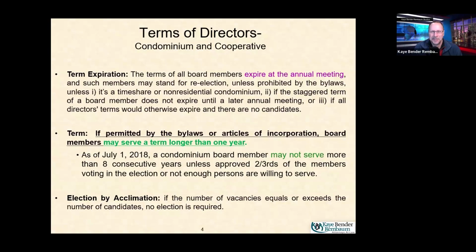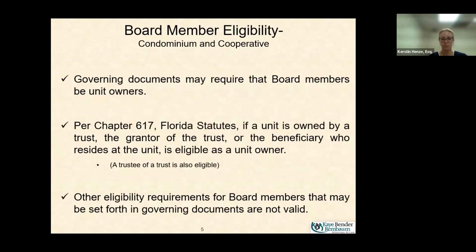All right, board member eligibility. The governing documents may require that board members be unit owners. Just to clarify, there's nothing in the statute that specifically says that a director has to be a unit owner. That is something that could be in your governing documents. Now, Chapter 617 of the Florida statutes governs not-for-profit corporations, and your community association is a not-for-profit corporation.